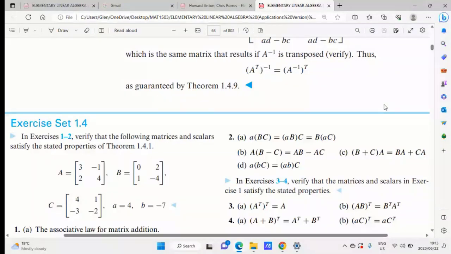So that law does stand: B plus C in brackets times A equals BA plus CA, the distributive law. Let me thank you again, Abdul, for steering this ship, and all of you for participating.